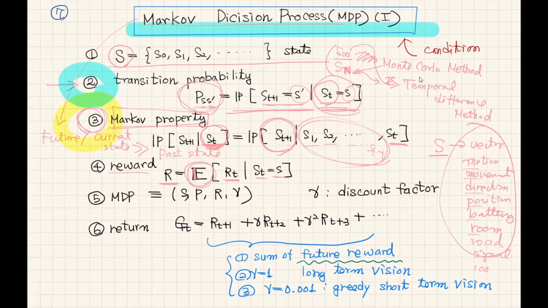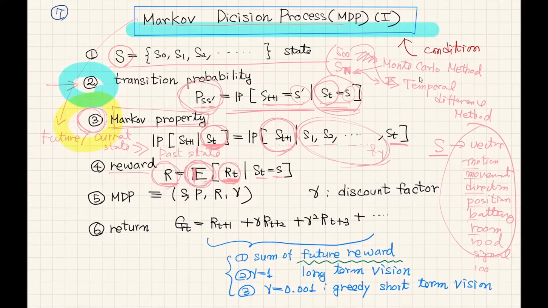But in 99% of reinforcement learning problems, you can make decision 1, or decision 2, or decision 3. Depending on the decision you make, you will reach a different state, and depending on the state you reach, the reward will be different. So there is a probability distribution of action, and because of that, reward also has a probability. That's why we have an expected value here. So the expected value of return is called reward.